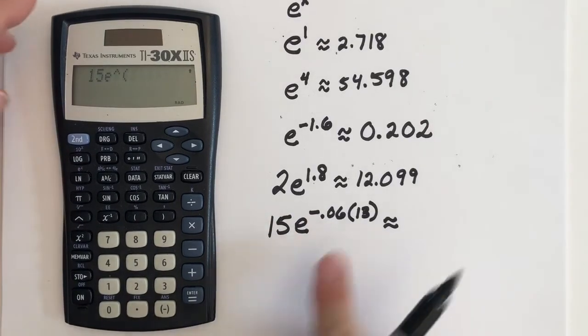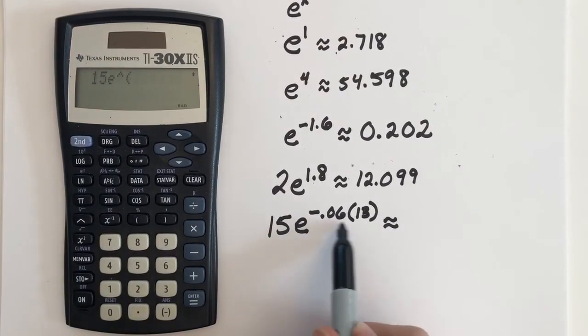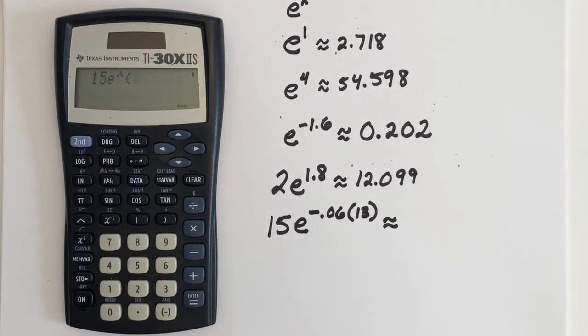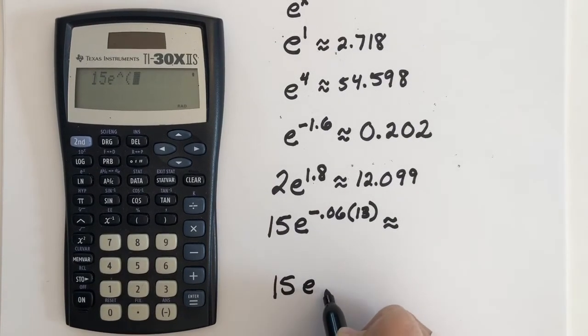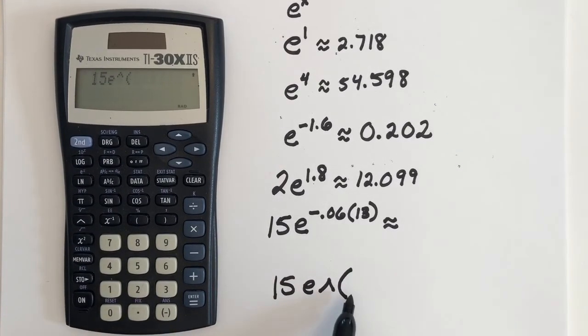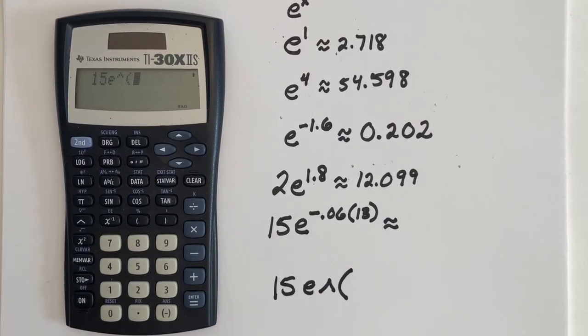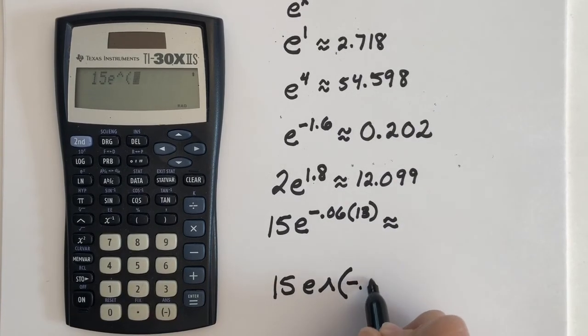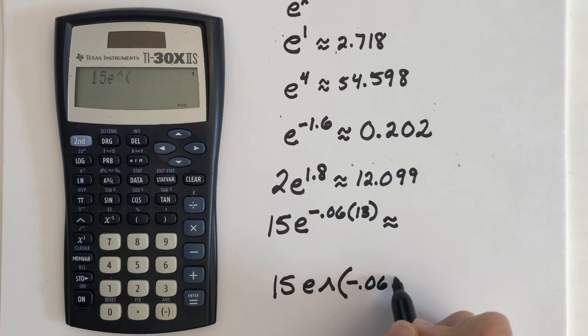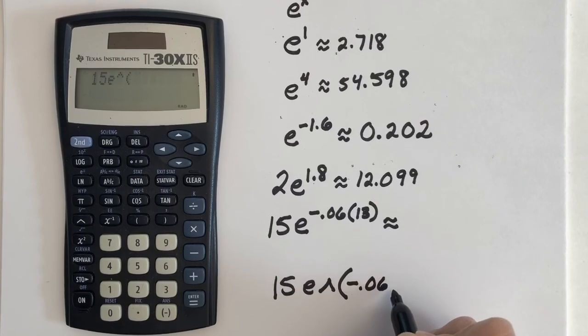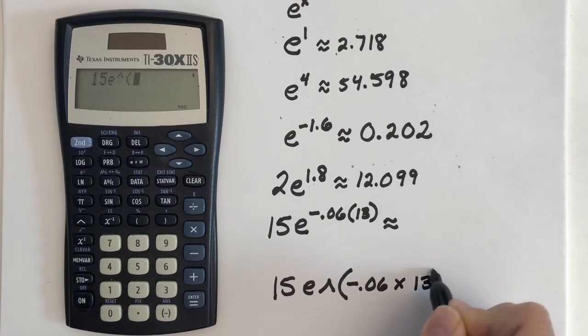We need the calculator to be told this product is the exponent. So I have 15e, and notice on the calculator there's a caret. It's opening those parentheses. Whatever follows will be the exponent on the base e. So as I punch in the negative 0.06, I do not want to close the parentheses. I just want to multiply it by that 13.